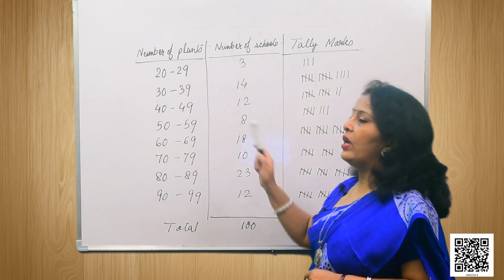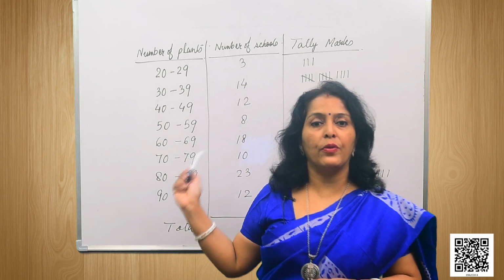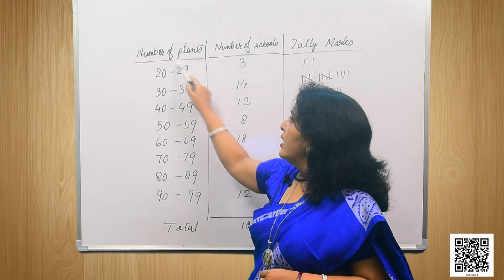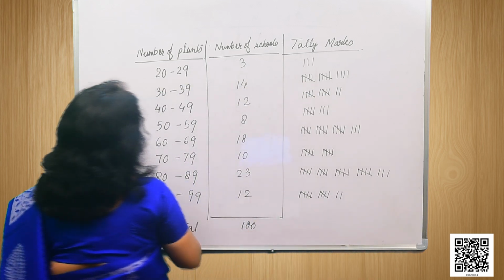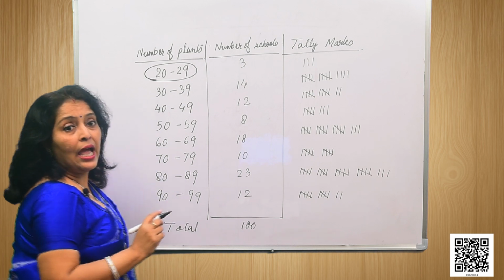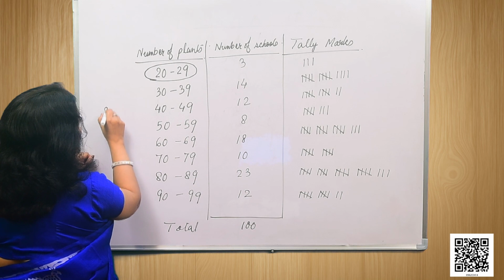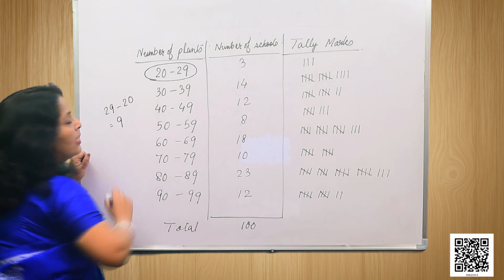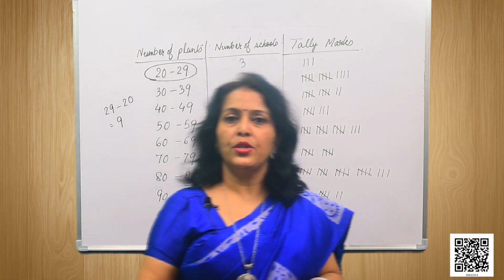Now this is called classified data, or a classified frequency distribution table. Here this is called the class. The numbers which we have divided, 20 to 29, are called a class, and the difference between them, that is 29 minus 20, which is 9, is called the class width.